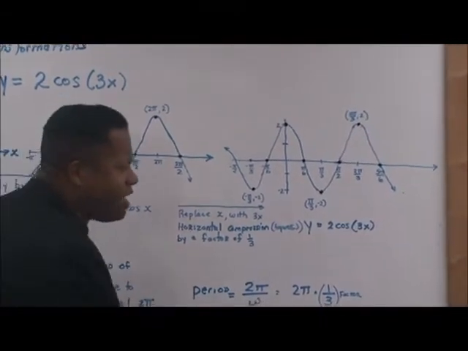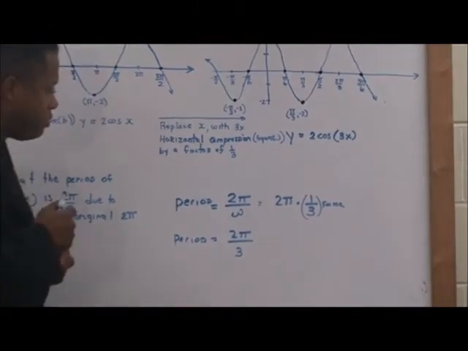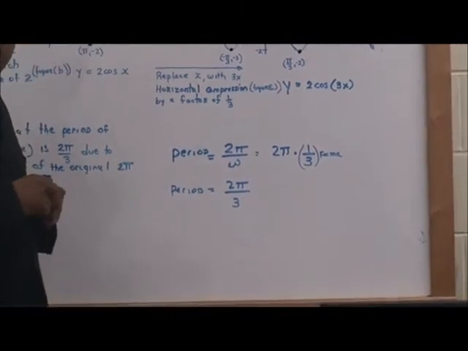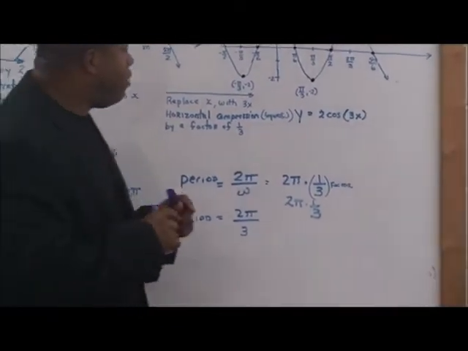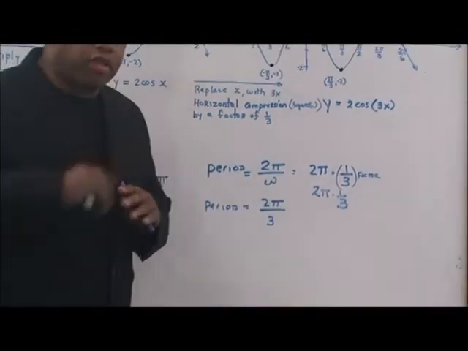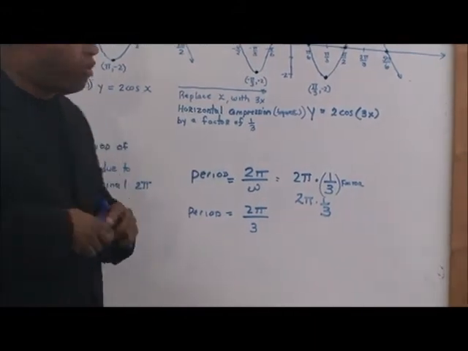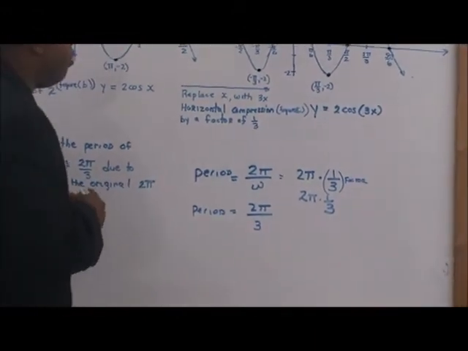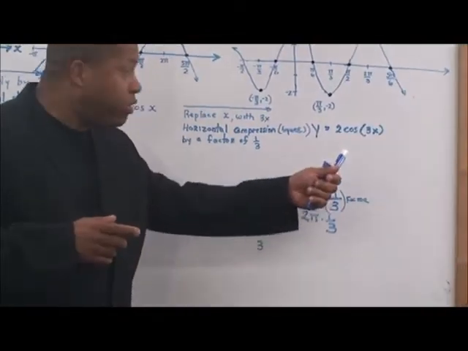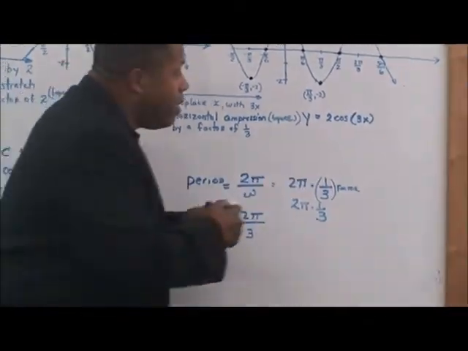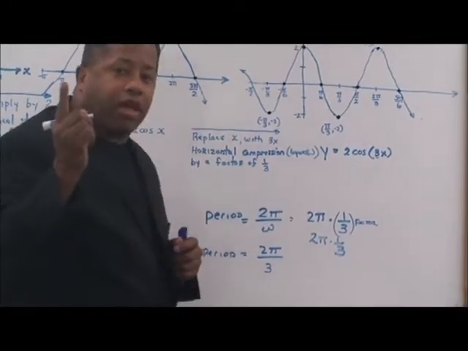Let me break that down and show you what I'm talking about. You know the formula for period is 2 pi over omega. So let's talk about the horizontal compression by a factor of 1/3. If we replace x with 3x, this coefficient value is omega.